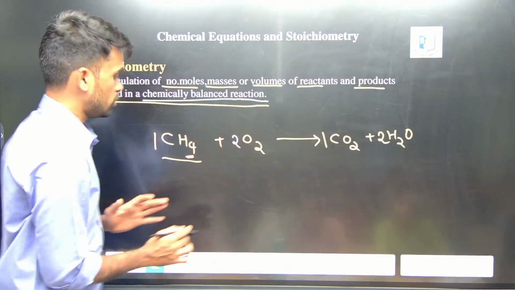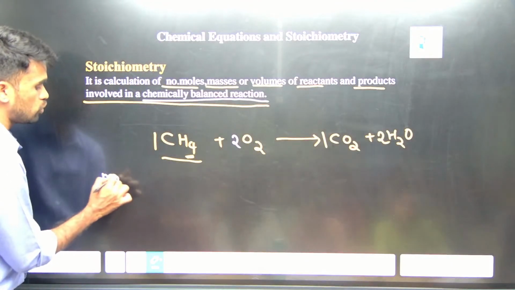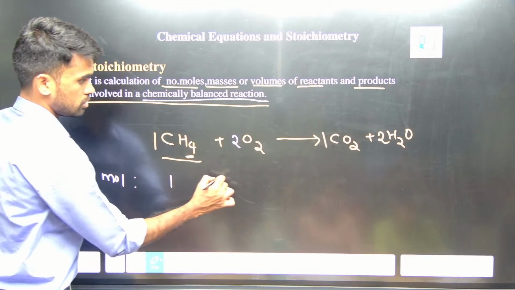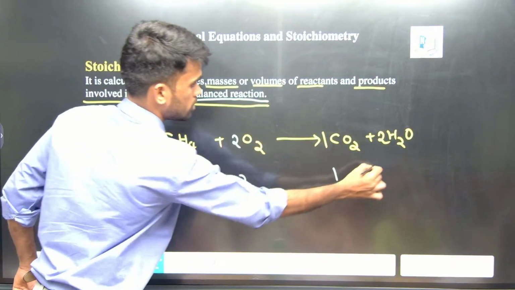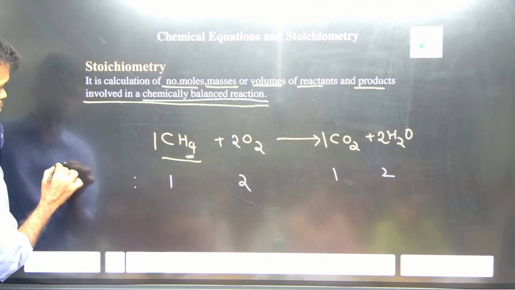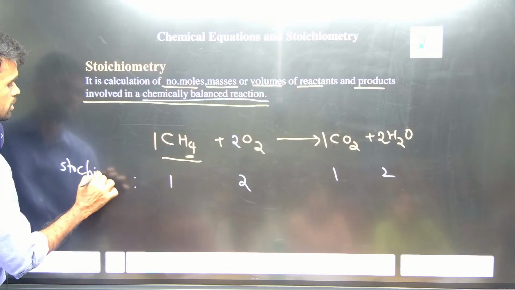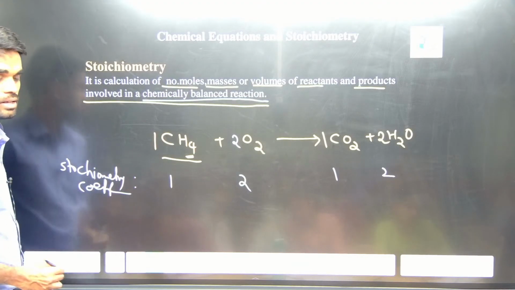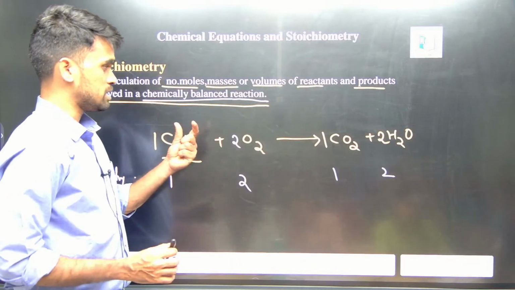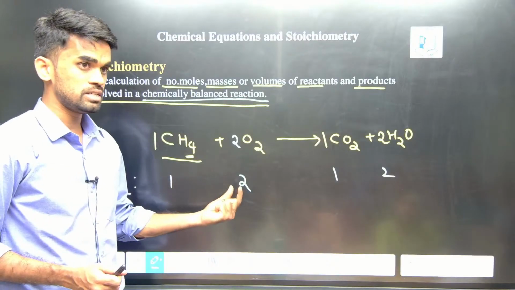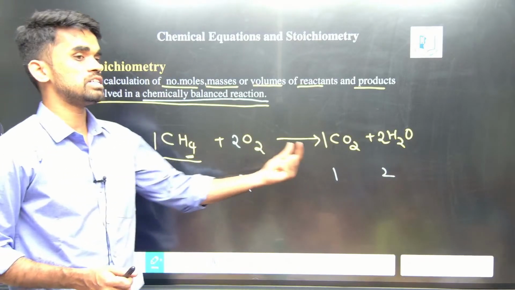That's it, done. Now what is their mole ratio? 1, 2, 1, 2. These are called stoichiometric coefficients. So first write the balanced equation, take their stoichiometric coefficients and find the relation as per this.